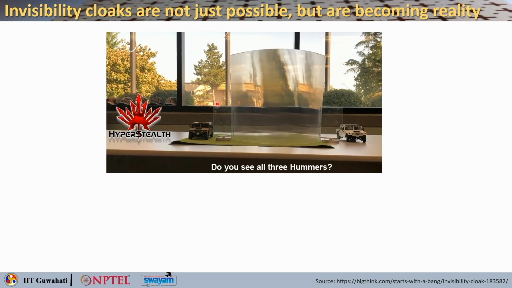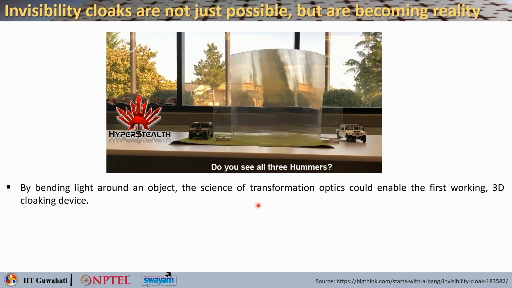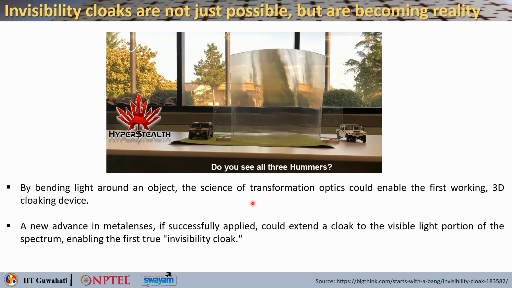These are toy models, and one covered with this invisibility cloak shows you the background but not the hammer, right. So by bending the light around an object, you can make a 3D cloaking device. So a new advance in metalenses, if successfully applied, could extend a cloak to the visible light portion of the spectrum, and that will be the first realization of a true invisibility cloak.